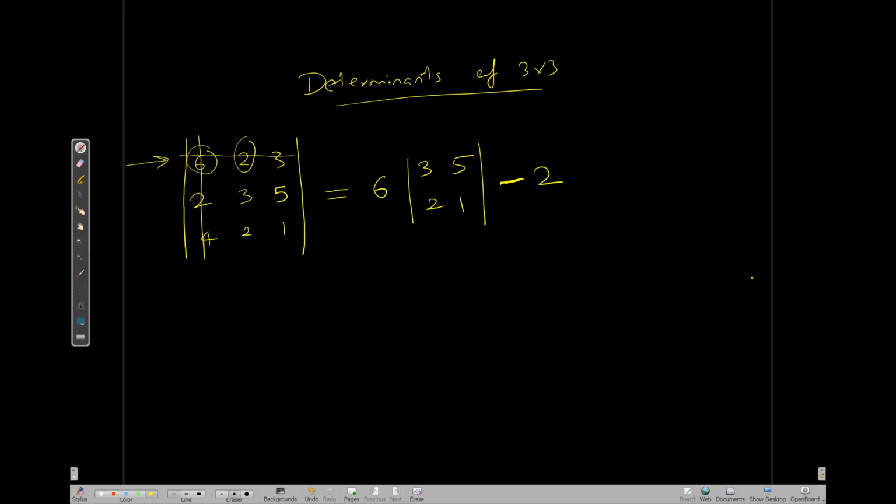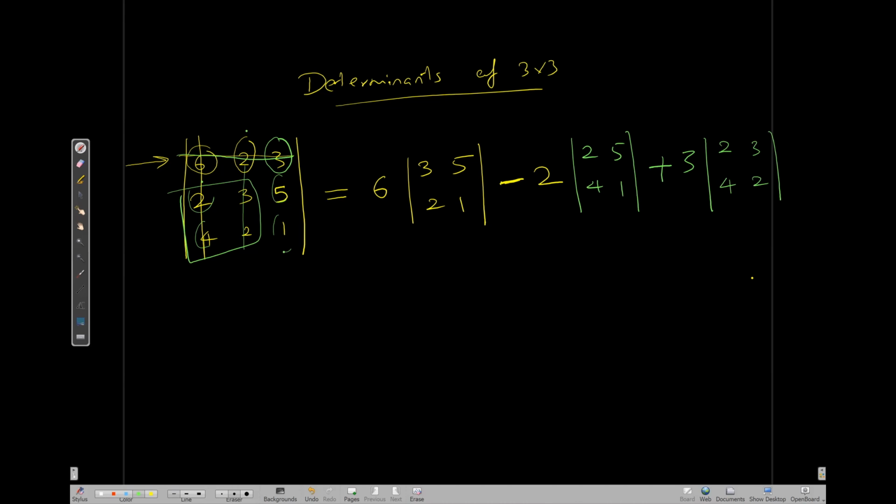2, that means the second element. We do the same thing: we omit that row and that column, so the remaining ones are 2, 5, 4, 1. Then plus 3, the remaining part is 2, 3, 4, 2.